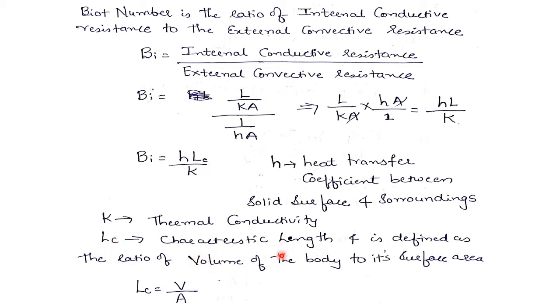LC is defined as the ratio of the volume of the body to the surface area of the body: LC equals V divided by A, where V is the volume of the body and A is the surface area of the body.